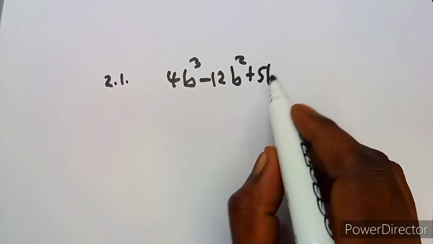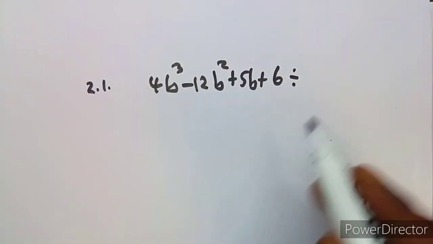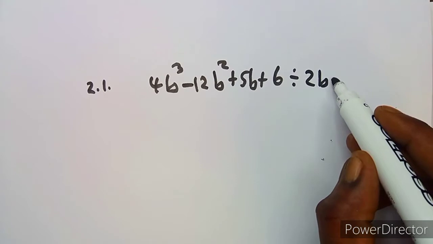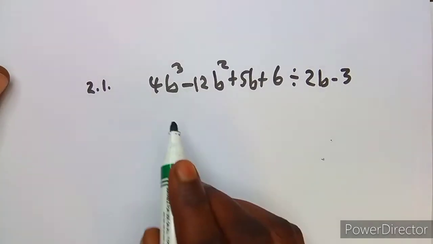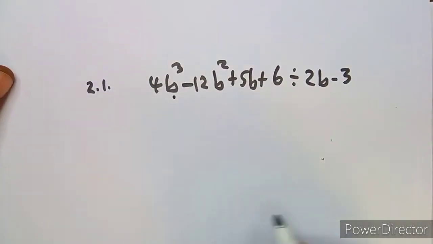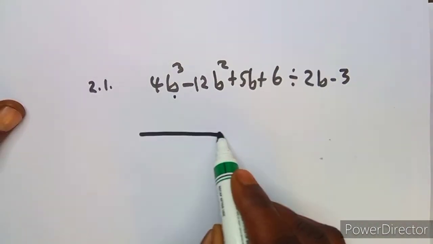So you want to divide these two expressions. These are algebraic expressions, algebraic polynomials. So what am I going to do here? The first thing, when you're asked to divide this, you're going to apply long division because this is a cubic expression. And remember that when you're applying long division, it's simply something like this.